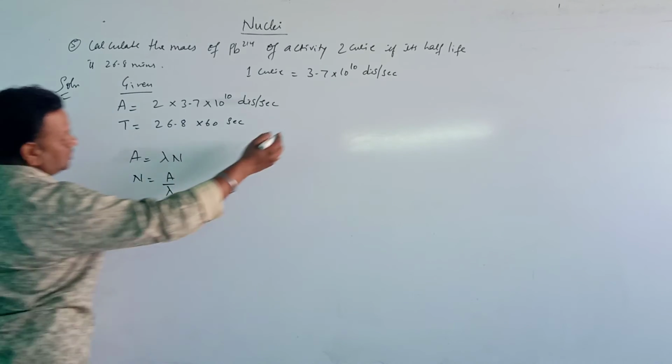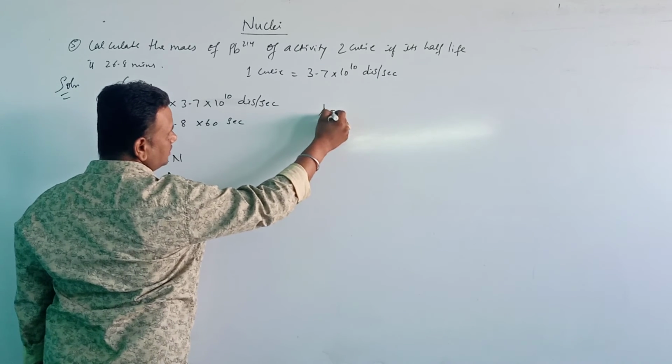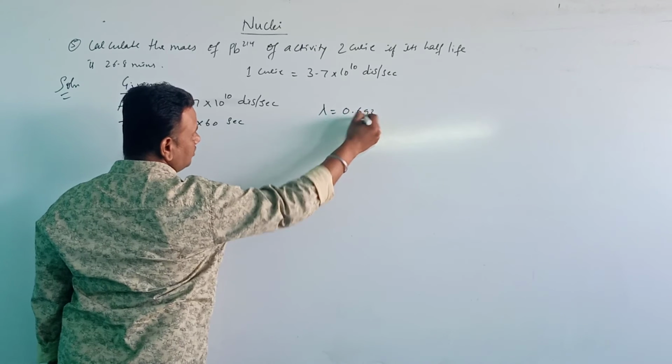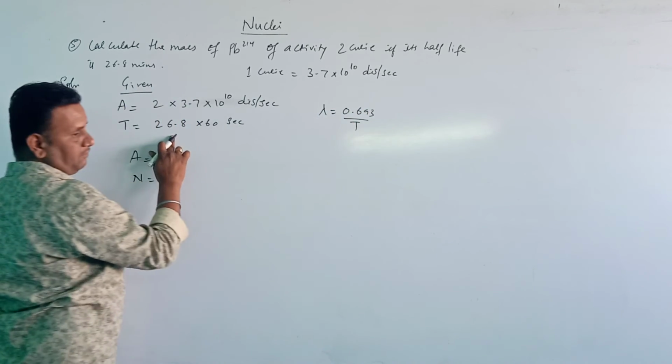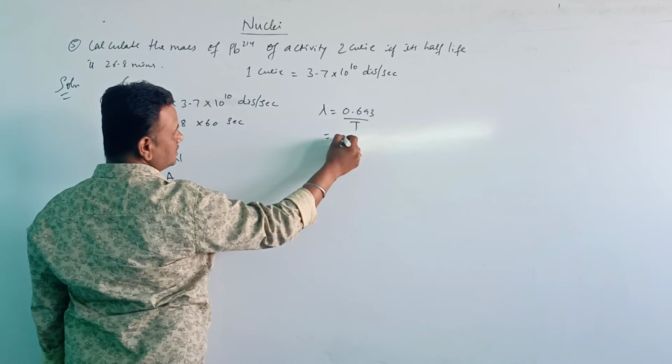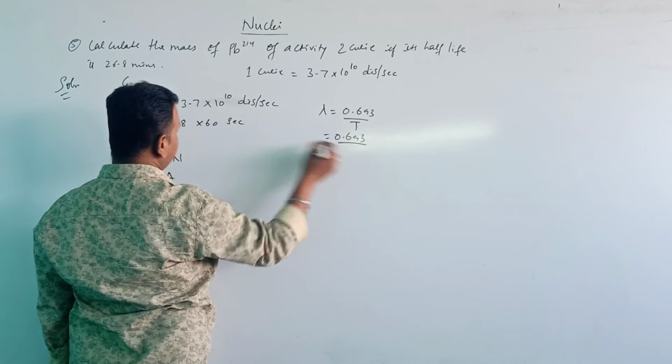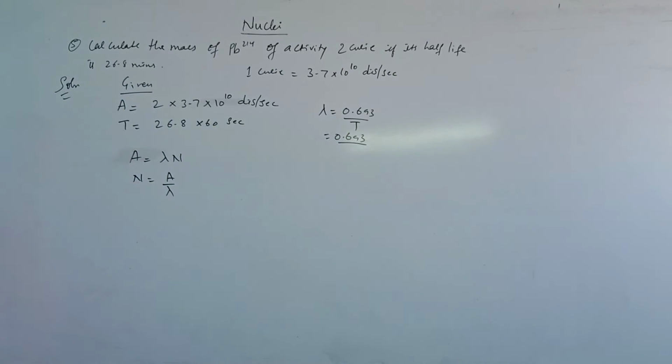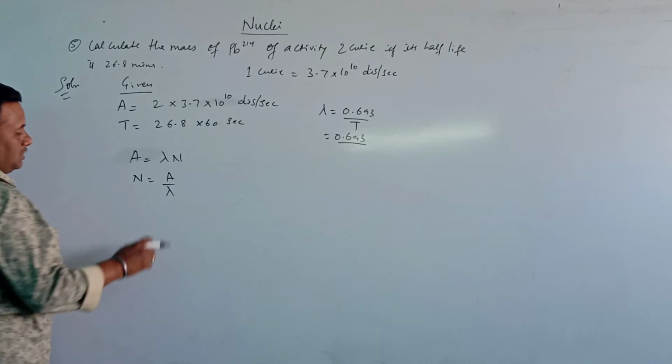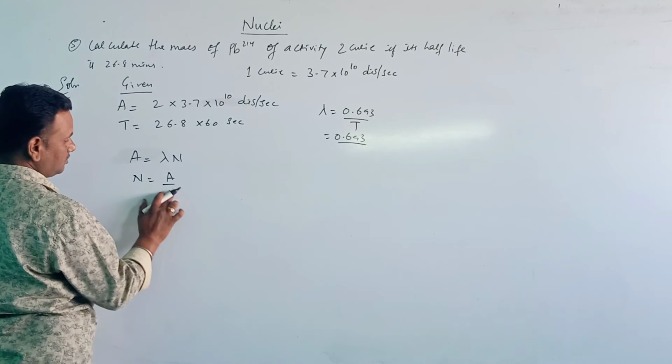Lambda can be written as 0.693 divided by t. T we know. So 0.693 divided by this 26.8 into 60.